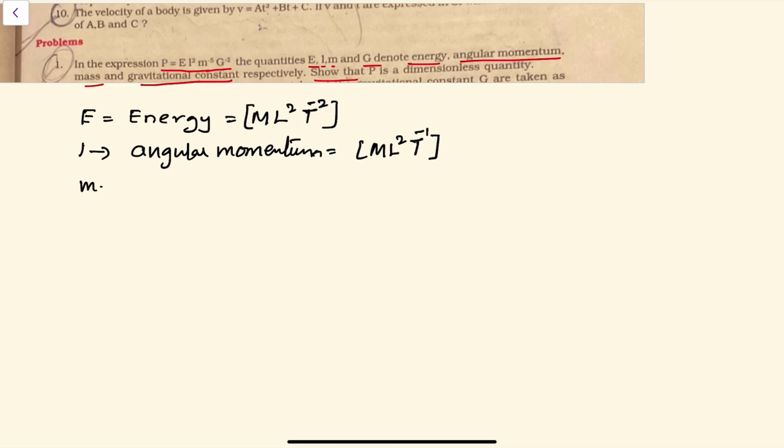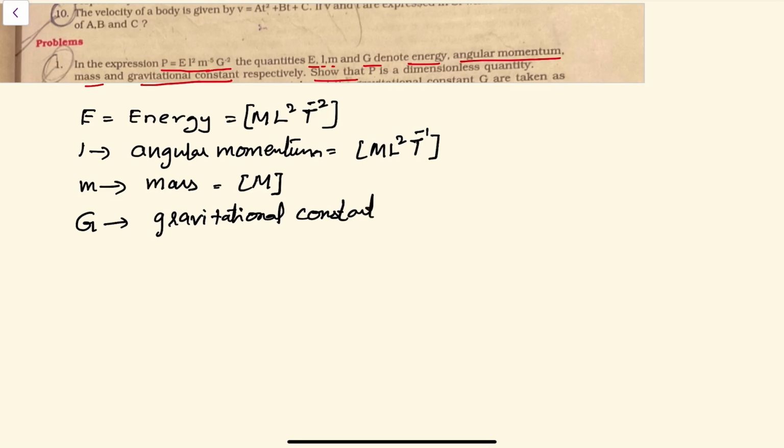M is mass, simply M, and gravitational constant. You know that in the last class we have derived the gravitational constant dimensions are M power minus 1 L cube T power minus 2.